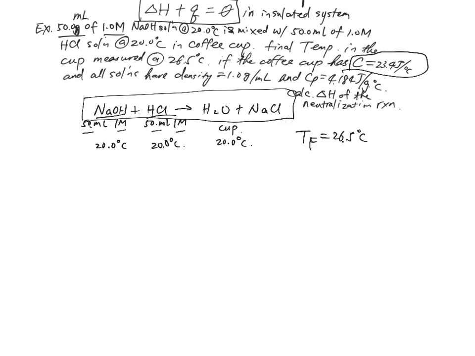who provides the heat? If the solution gained heat in an insulated system, somebody lost heat, right? Who lost heat? Think about that for a second. Both of your solutions are now in the cup.